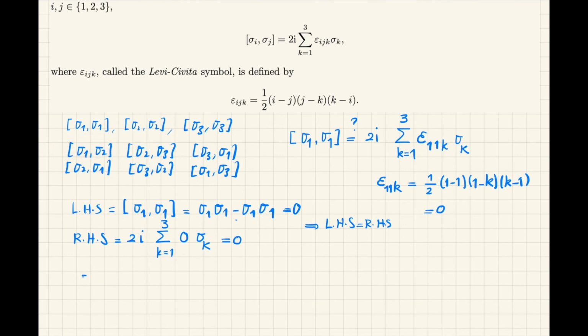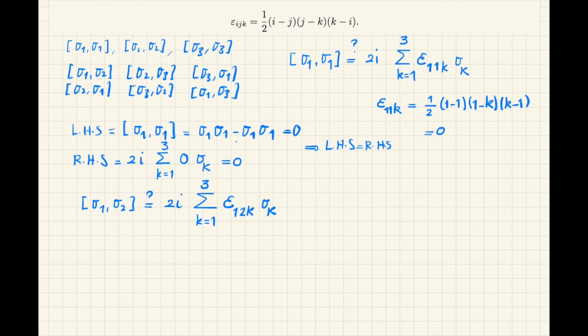So I need to convince myself that the commutator of sigma 1, sigma 2 is equal to 2 times the imaginary unit i, times the sum over k from 1 to 3 of epsilon ijk, where i is 1, j is 2 in this case, and k is just k, and then I have sigma k.